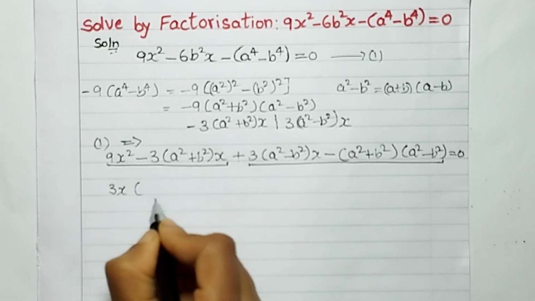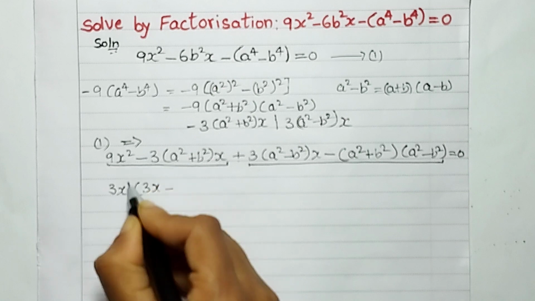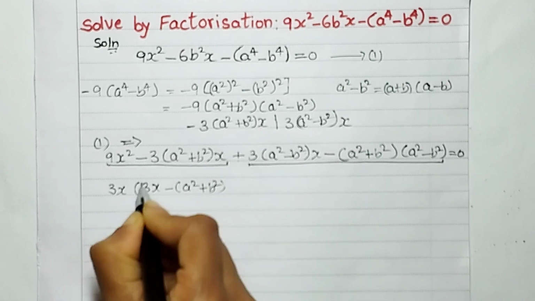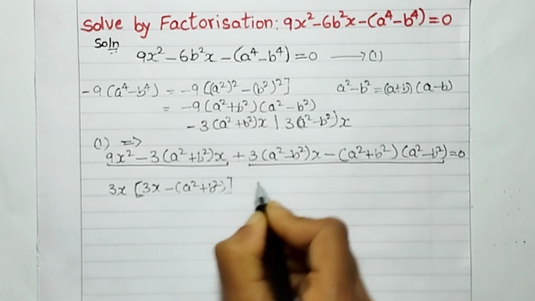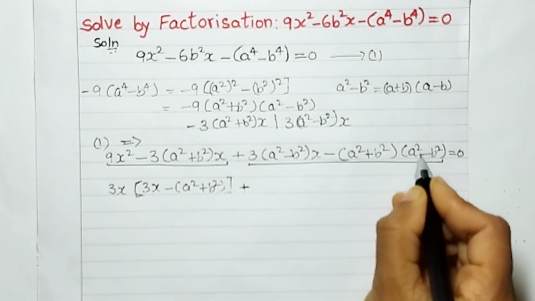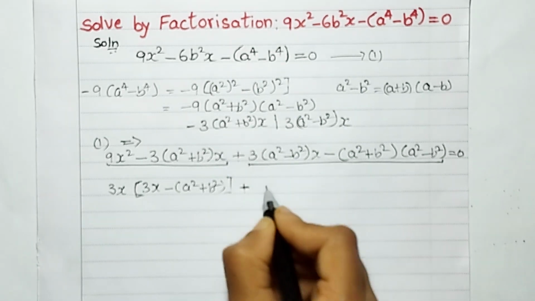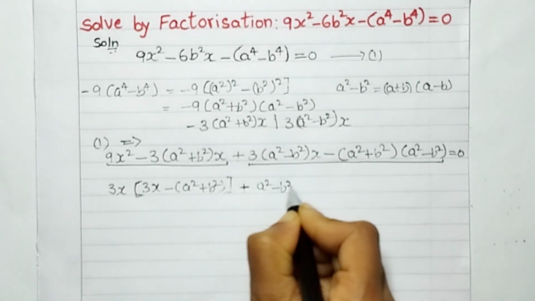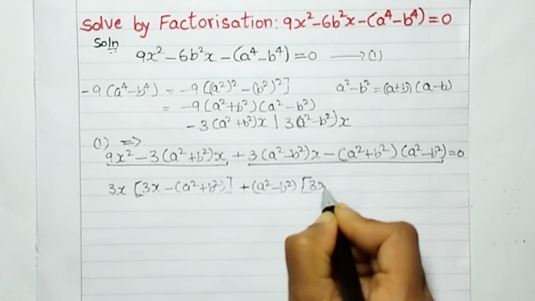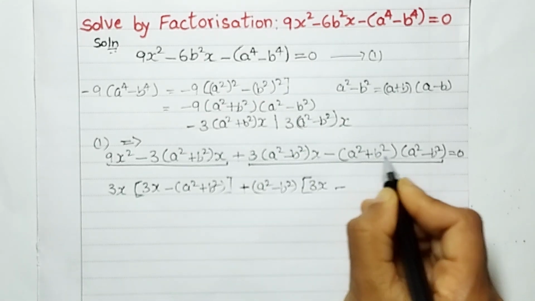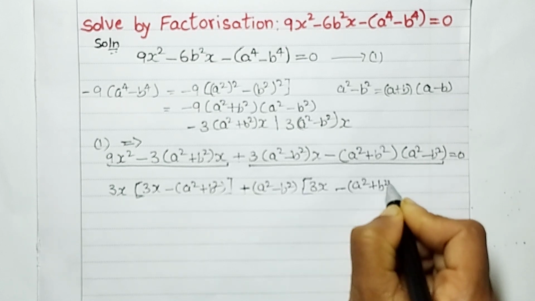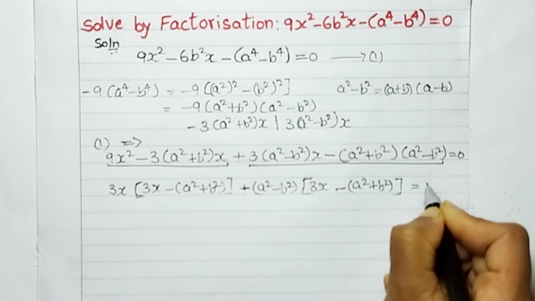Write in the bracket what is left: 3x − (a² + b²). The common factor for the next two terms is (a² − b²). Take that out and write in the bracket what is left: 3x − (a² + b²) = 0.